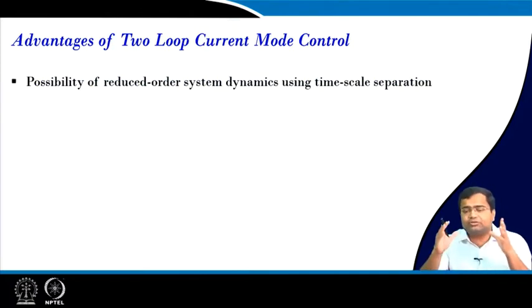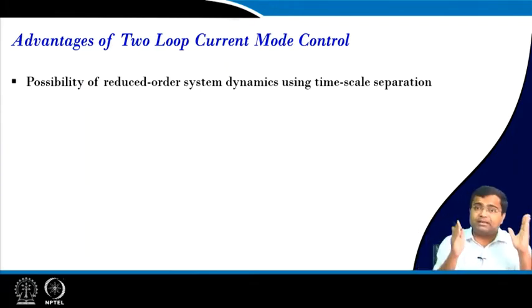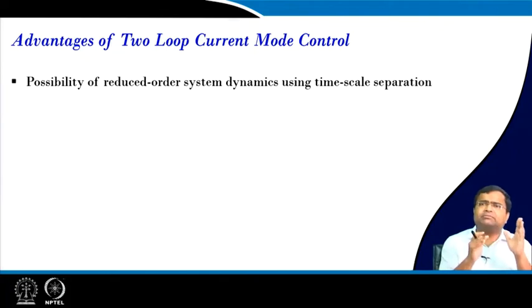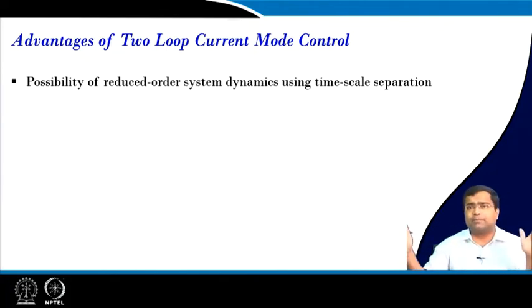So you can get reduced order dynamics using time scale separation, because you are making the inductor like a controlled current source. Basically we are assuming the inductor dynamics is pretty fast compared to the capacitor, so the pole due to the inductor will go far to the left hand side, and you get a time scale separation.